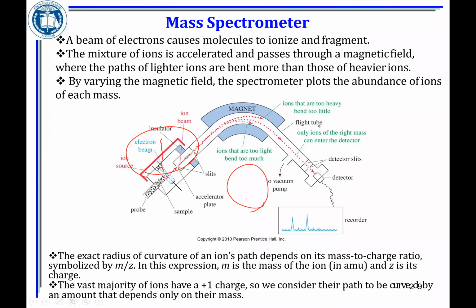Based on the flight time or the distance traveled by each ion, the detector is going to detect the mass of it, and then it will record the mass. The vacuum pump is going to remove anything that is not positively charged for this detector.